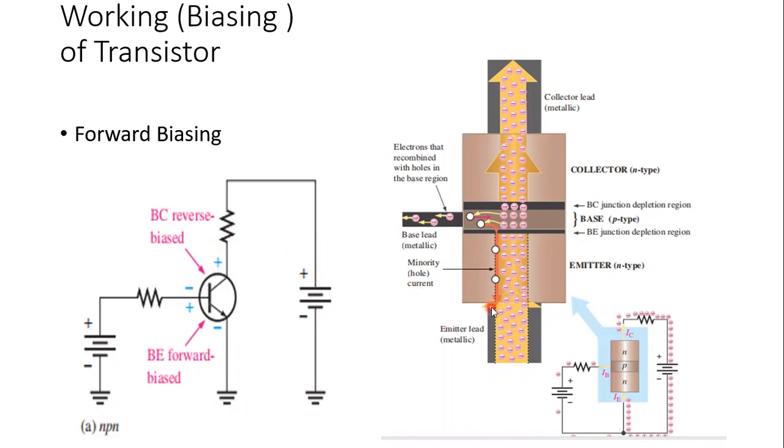So due to this, the emitter being heavily doped, there will be an extensive amount of electron carrier flow from the emitter to the base. Now when they enter into the base, these heavily charged electrons will unite with these holes, due to which a minority current will start flowing into the base lead of this particular diode configuration.